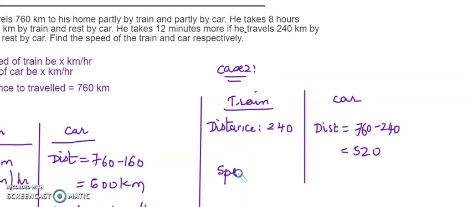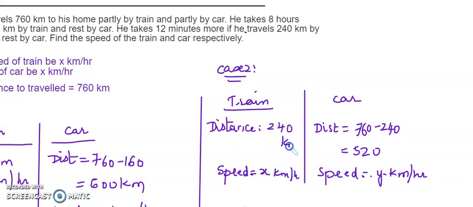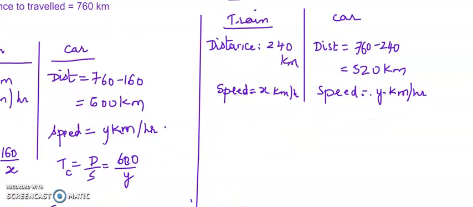Speed here is again x, and speed here is y. Okay, so let's write the time taken in both the cases. Time taken by train will be distance upon speed, which is 240 upon x, and time taken by car will be 520 upon y.